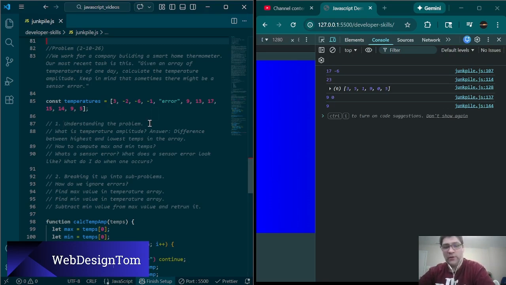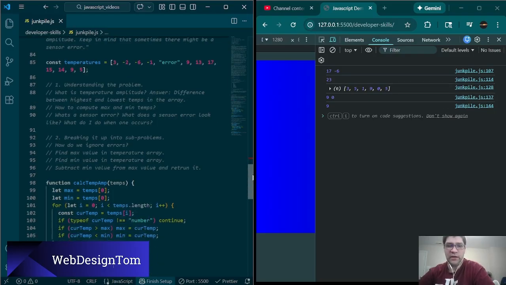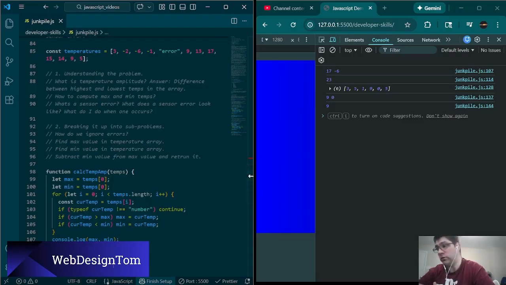So the first thing was to get an understanding of the problem. What's the big picture, you know? First we had to ask ourselves, what is amplitude? What is temperature amplitude? And he gave us the answer. I googled it, but it was the difference between the highest and lowest temps in the array. Second thing is, how do we calculate the max temperature, or the highest temperature, and the lowest temperature?